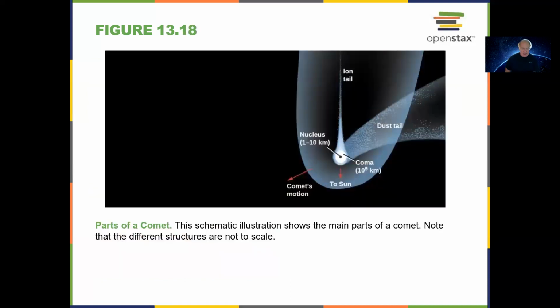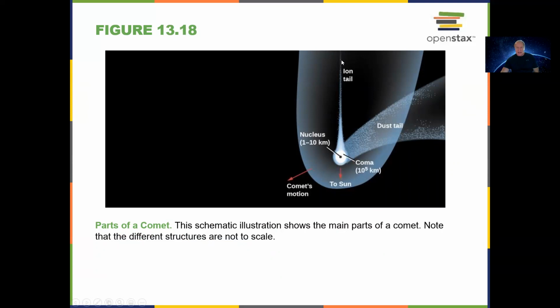So if you look at the parts of a comet, this schematic shows the main parts of the comet. Note that the structures are not drawn to scale. The comet is actually moving in this direction. There's a dust tail that comes off of it in the opposite direction of its motion. And here's the coma. It's about 10 to the 5th kilometers.